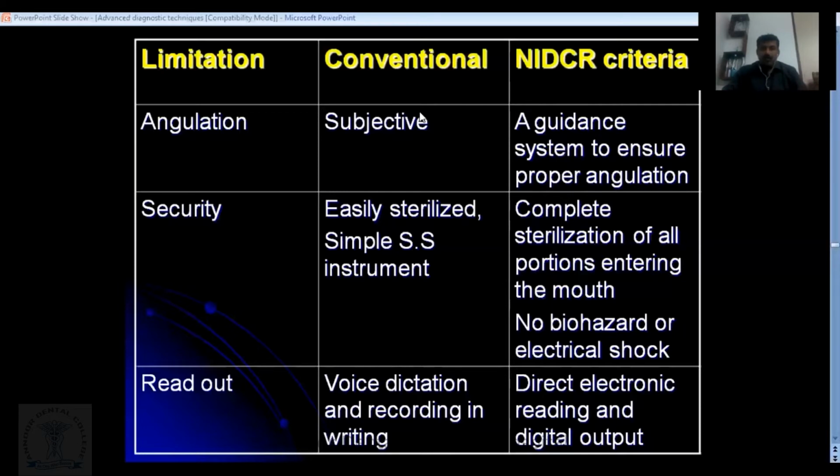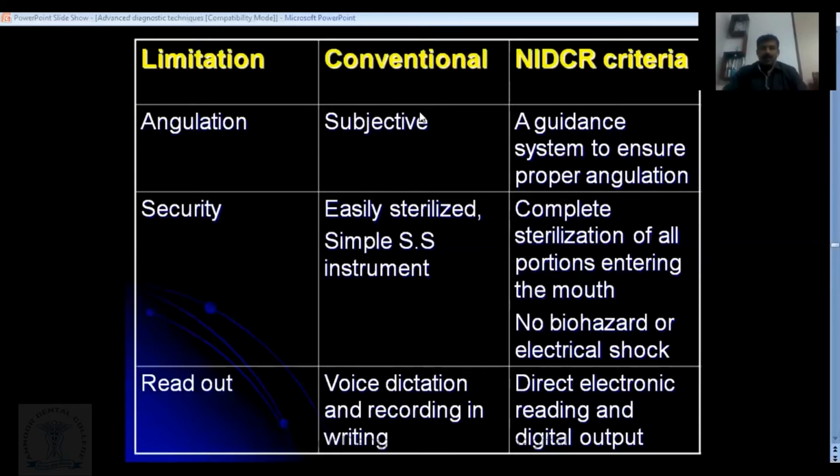Because of this guidance system, you will probe exactly through the particular angle in which you have probed before, even after 2 or 3 days. This will be very useful in comparing pre and post probing depths, especially when you are doing treatments.